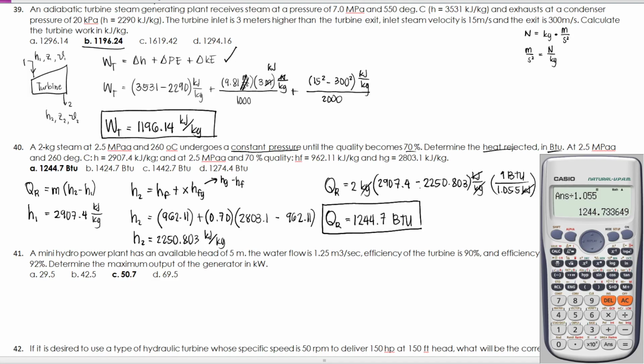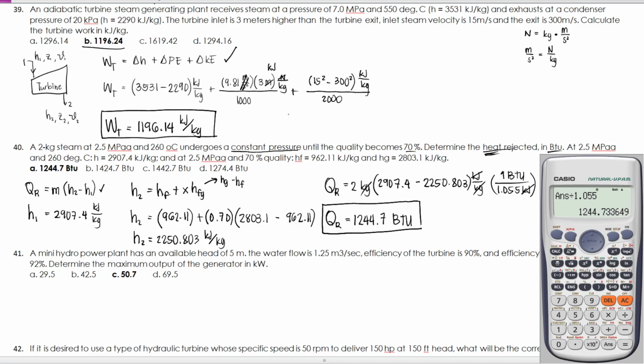So, ganun lang. Okay? So, ang heat, yung amount ng heat at constant pressure is equal lang sa change of enthalpy. So, given naman yung enthalpy na, kaya yun ang ating ginamit. Lagi ba na ang heat, rejection man or addition, is equal sa change of enthalpy? Hindi. Equal lang yan sa change of enthalpy kapag constant pressure.